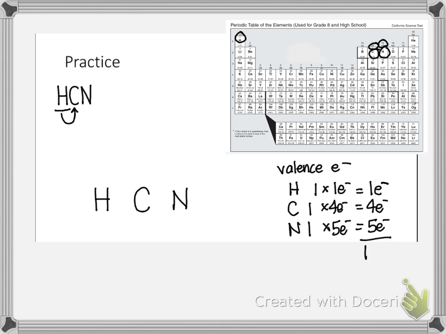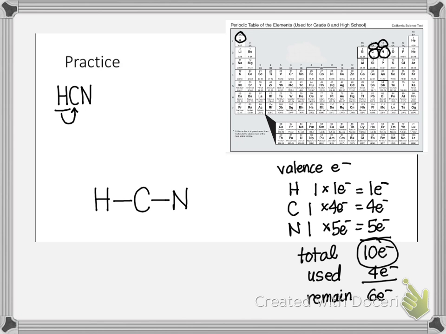That is 10 electrons total. That's my magic number of electrons I can use, 10. So we start with that number and we add single bonds. If I do that, I used 4 electrons for the bonds, and now I have 6 electrons remaining.